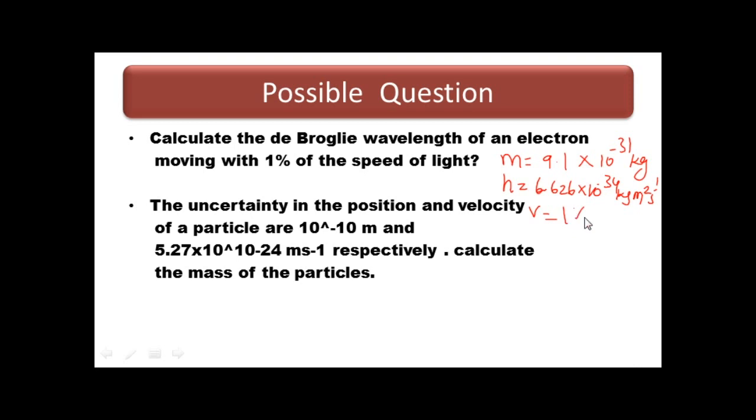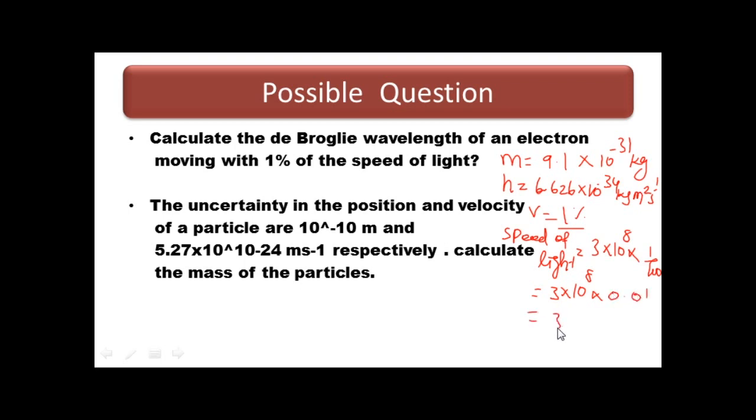So what is the speed of light? It is 3 × 10^8, multiplied by 1%, so 1 divided by 100. So 3 × 10^8 × 0.01.